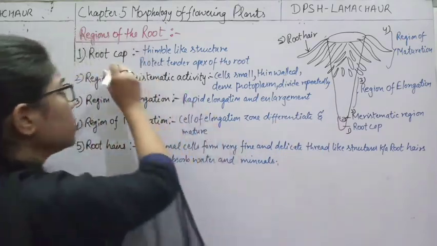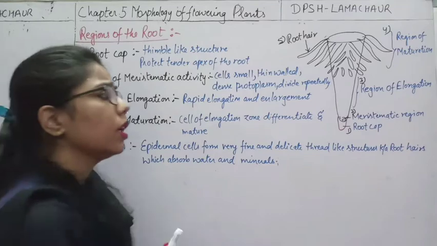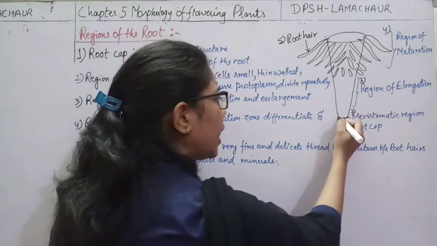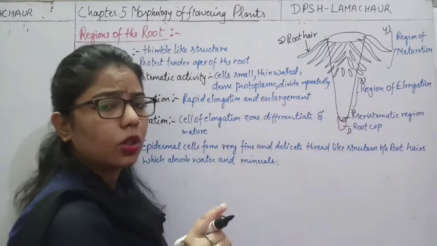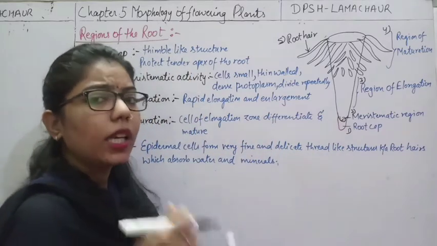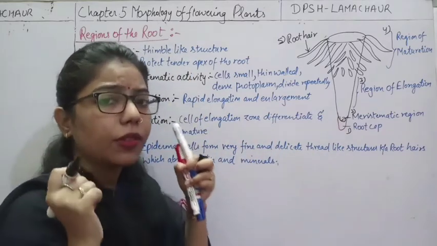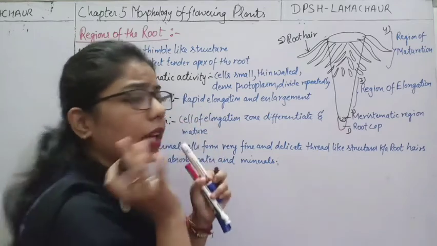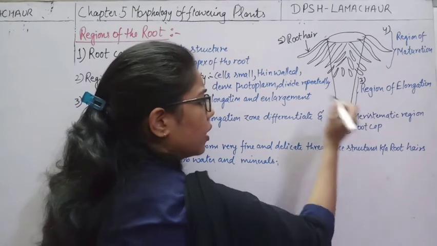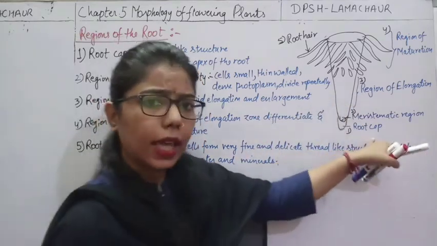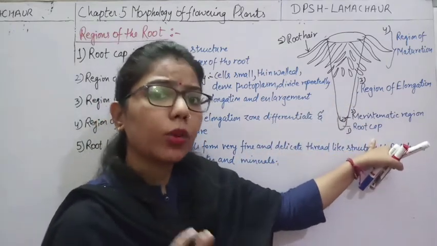Okay, so the first region of the root is the root cap, and we know that this part is root, up to here it is root. It is a cap-like structure, or we can say a helmet, like the helmet which we wear on our head. Like this, the root also has a root cap which functions as a protective one.